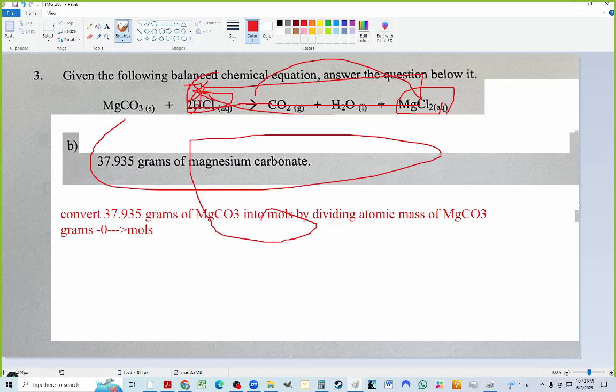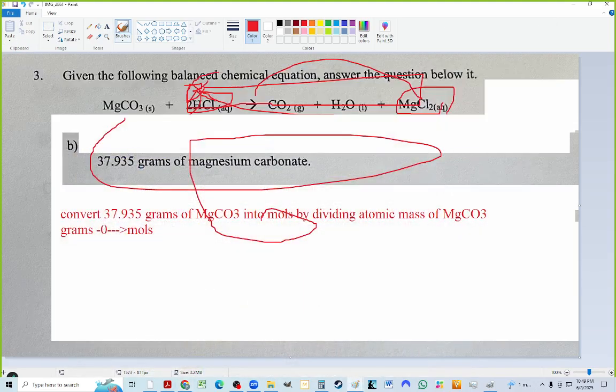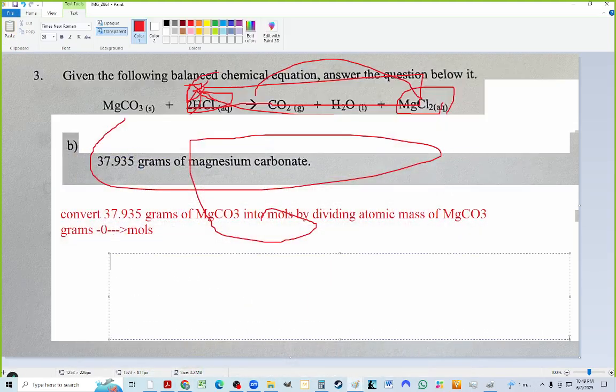So magnesium carbonate is, carbon is always 12 and oxygen's always 16. Magnesium's in the very second column. It's 24.3. So 24.3 plus 12 plus 48.